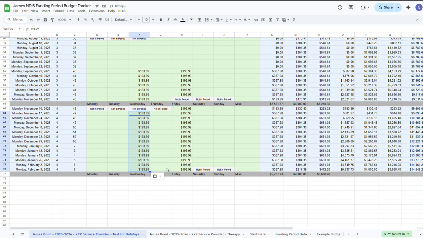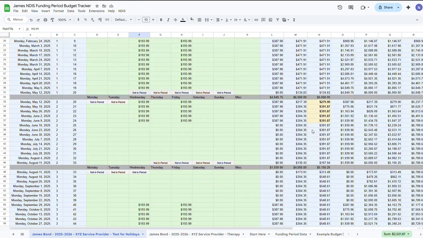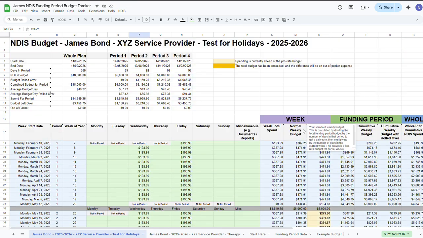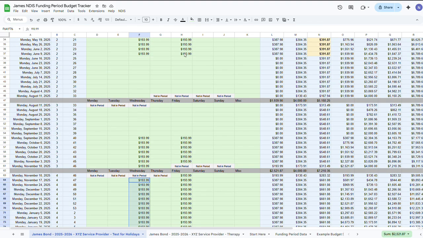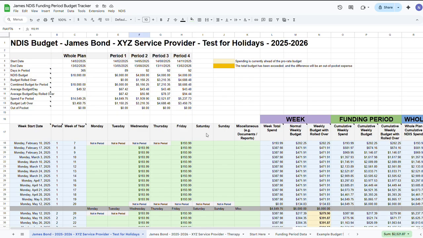And you'll see there that there is no orange at all on the sheet. And that means that I have got no out-of-pocket expenses. But I did have weekly speech and weekly OT on the times I was here. And the times I went away to see my family, I didn't spend anything. So you can just make sheets to test different scenarios, and you can create as many sheets as you like.